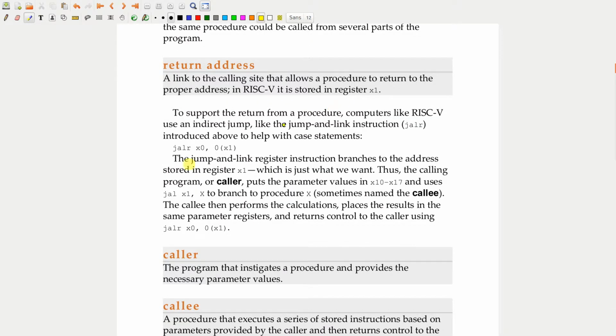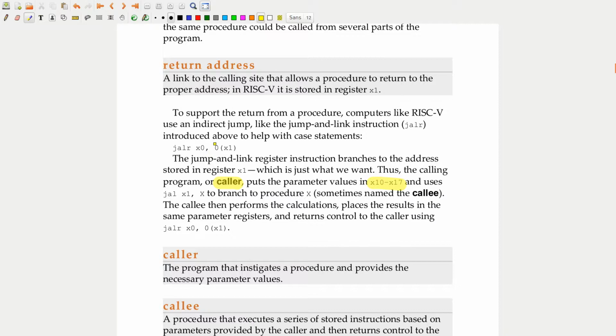The jump and link register instruction branches to the address stored in register x1, which is what we want. Thus, the calling program, or caller, puts the parameter values in x10 to x17.